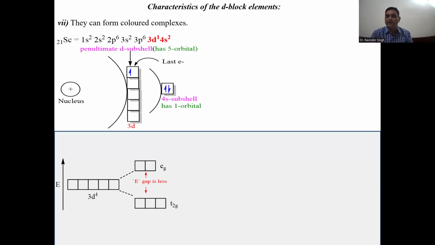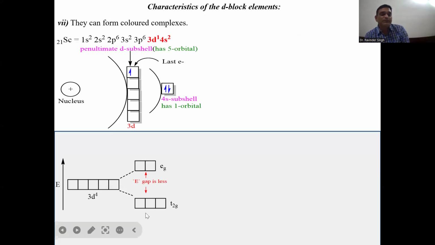That is the simple way to show that the gap between these two sets, T2g and Eg, is larger or smaller depending upon the number of ligands surrounding the metal atom.